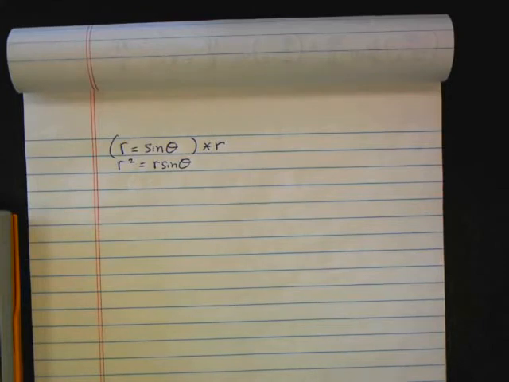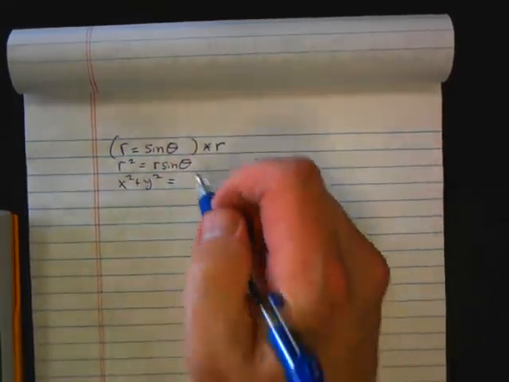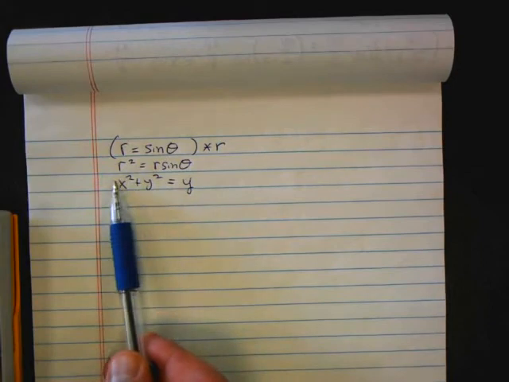Quite often you multiply by an r, or square both sides in order to get an r squared. So r squared is x squared plus y squared, and r sine theta is y. You should recognize now that that is the equation of a circle. How do you know? The powers are the same, the coefficients are the same, and they're both positive. That's a circle.